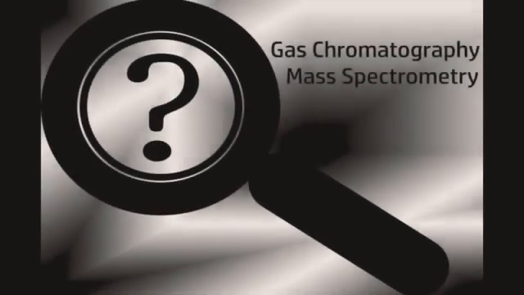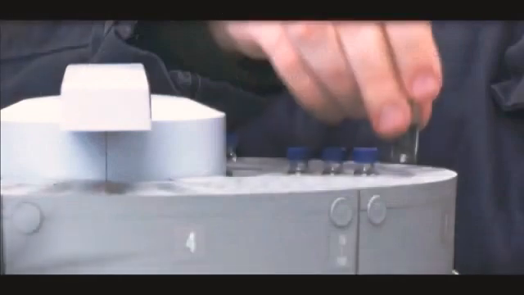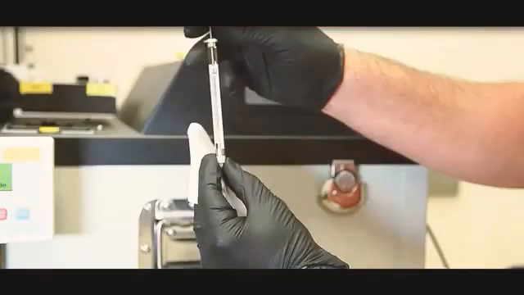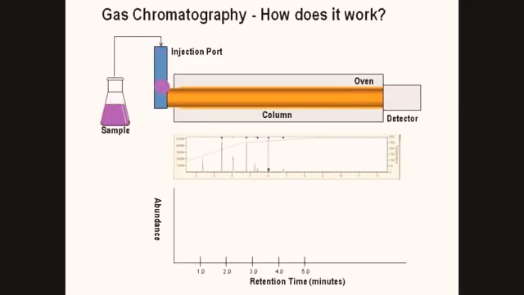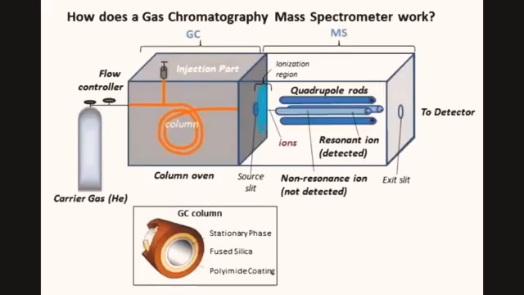Analysis begins with the gas chromatograph, which separates a sample into its individual chemical components. A chemist gathers available samples, and then a sample of the analyte is introduced by syringe injection into the heated injector tube, where it is vaporized and mixed with the carrier gas. The sample is effectively vaporized into the gas phase and separated into its various components using a capillary column coated with stationary phase.